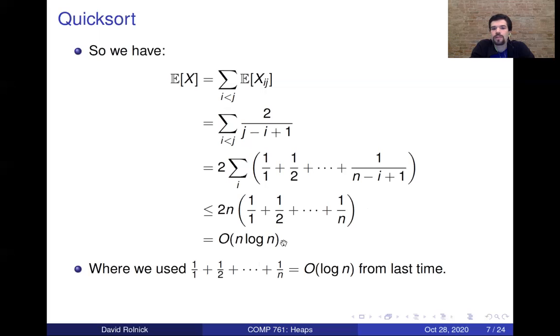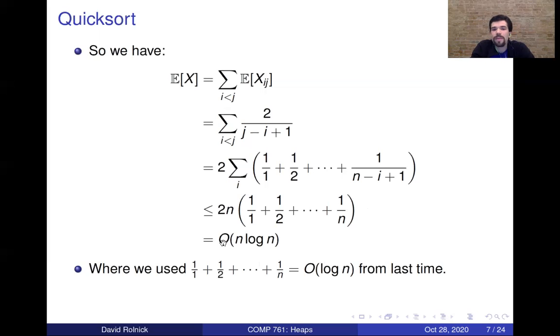Cool. So can it be less than n log n? Can it be little o of n log n? We like thetas.